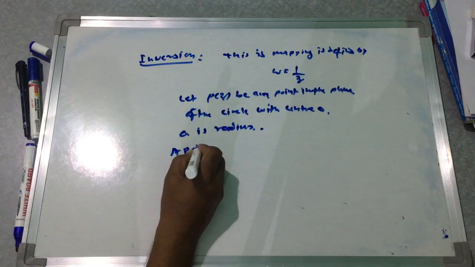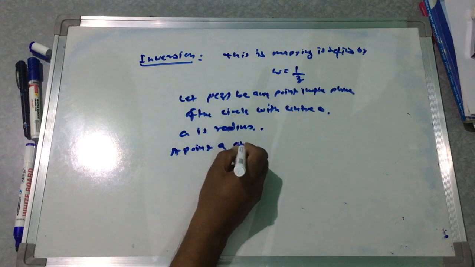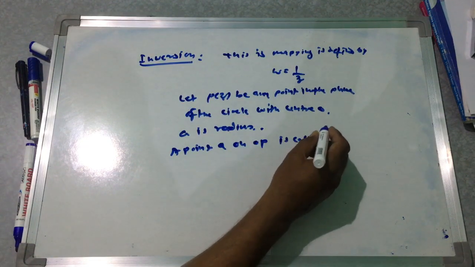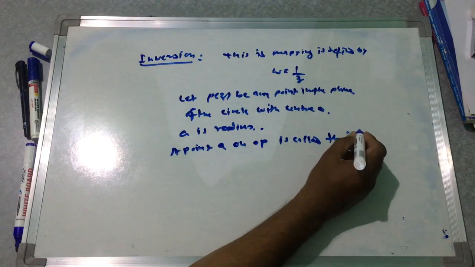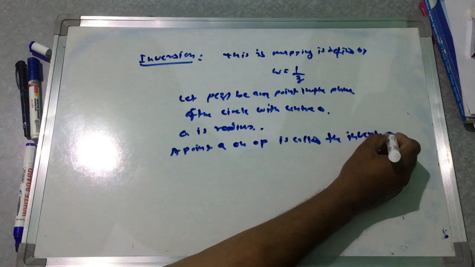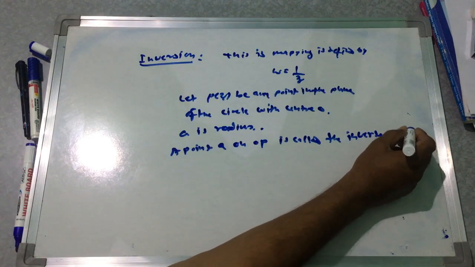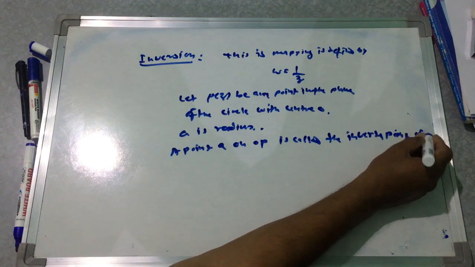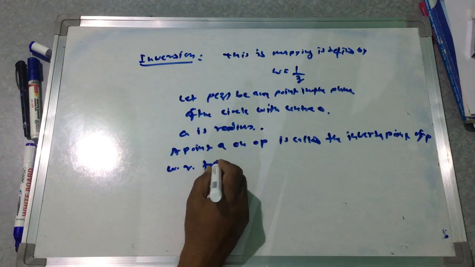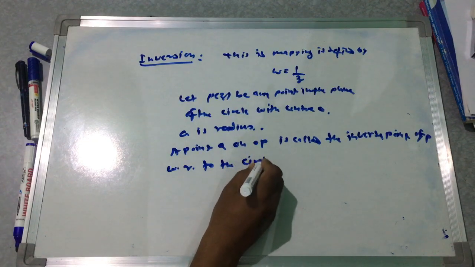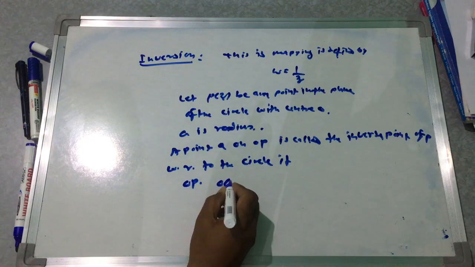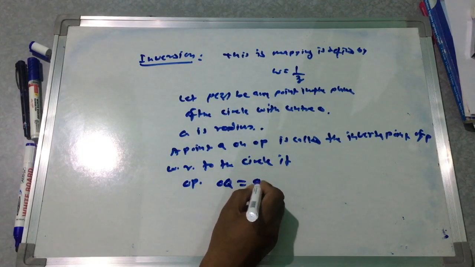Then a point Q on OP is called the inverse point of P with respect to the circle if OP into OQ is equal to A square.